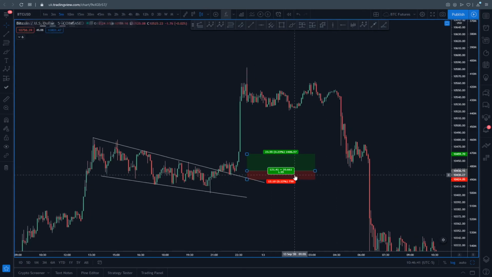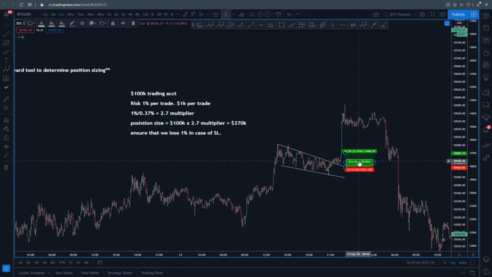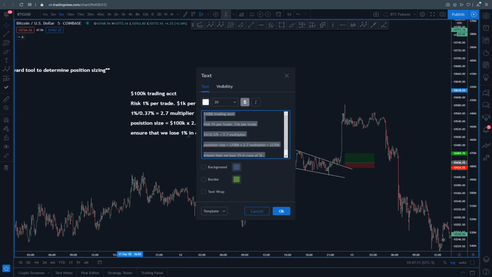So using the same math that we had back here, with this same setup right here, we have a 0.12% distance between entry and stop loss in price. So we just come in here and we change this, because we want to risk 1% on this trade, and it's only 0.12% to our stop loss. So obviously we can use a lot more than what our account balance is.